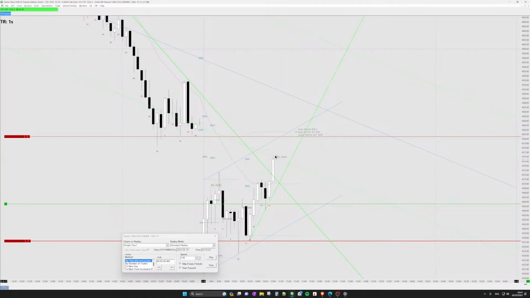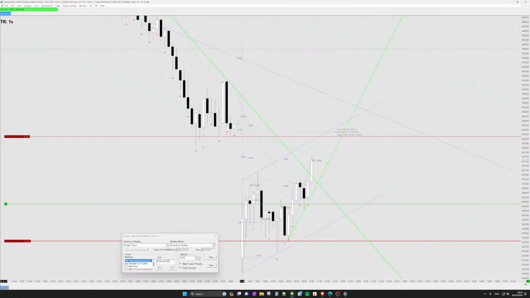So it did make almost 19 points. The 20 points target is a little bit higher, so you can expect some higher prices. We didn't mark the low from candle 17. Yeah, that one. Exactly that one.